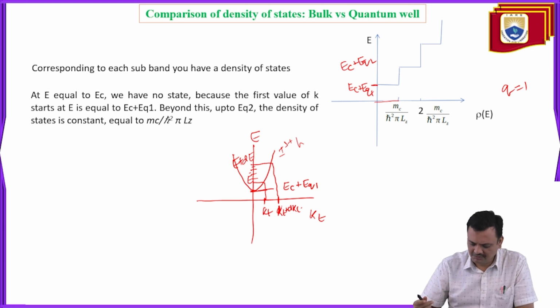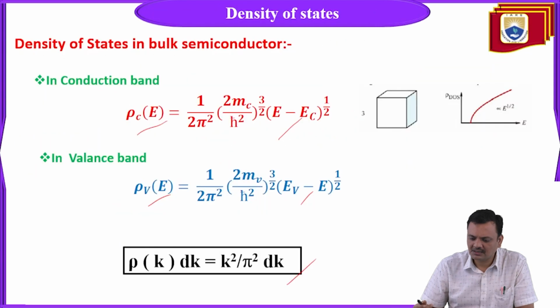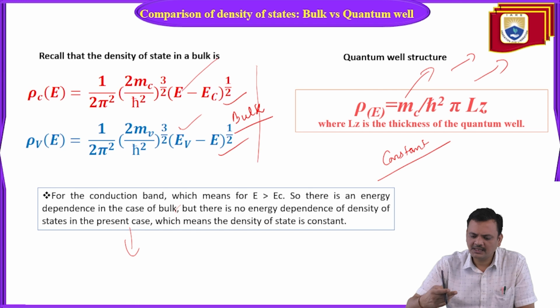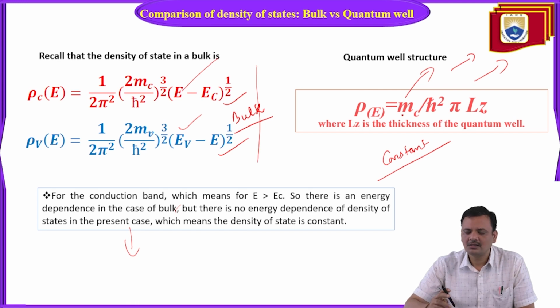And why? Because the density of state is constant for a quantum well structure, and its value is rho E is equal to mc upon h cross square multiplied by pi multiplied by Lz.